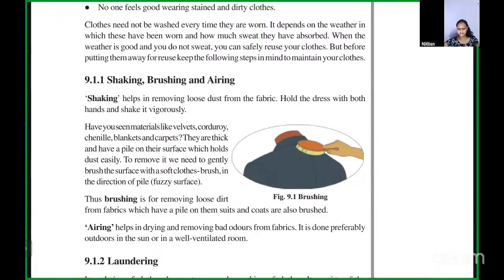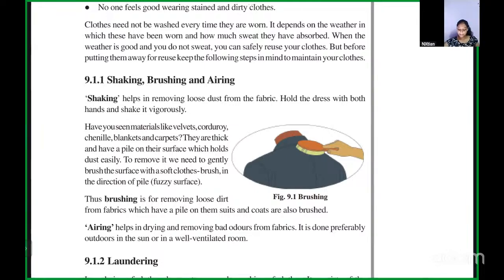Now, have you seen materials like velvet, corduroy, flannel, blanket, and carpets? They are thick and have a pile on their surface which holds dust easily. If you've seen velvet and the blanket material, the fluff material, it can hold dust very easily. So when we shake it nicely, the dust just falls off.